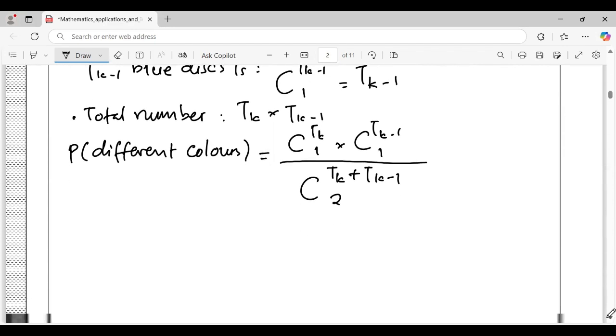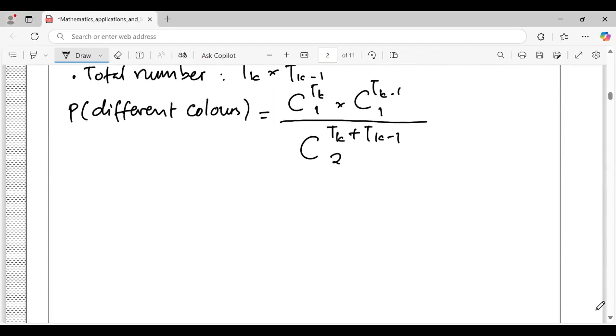And we're going to derive this probability.